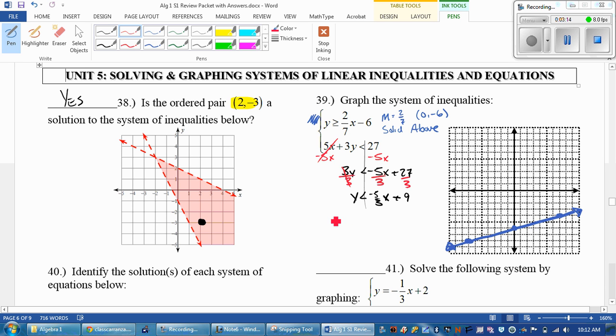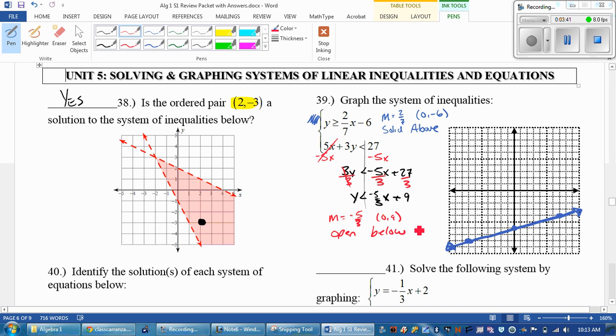Well, the things that we need to know once again is our slope. Our slope is -5/3. Our y-intercept is (0, 9). It's less than, no greater than or equal to, which means this is going to be open, and it's less than, so that's where we're going to shade below.